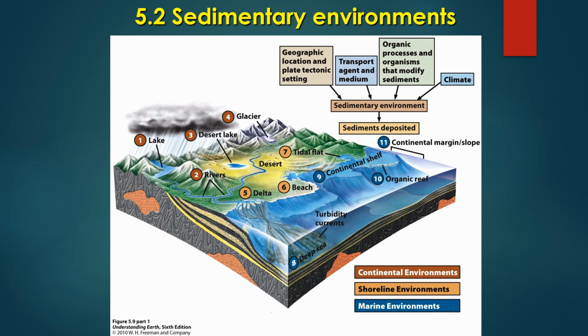Similarly, in the coastal environment, a beach has abundant sand-sized sediments, and the sediments are all very well rounded and well sorted. Therefore, sedimentary rocks that are sand-sized, rounded, and well sorted can be an indicator of a shoreline in the geologic past. This could help us to identify ancient sea level change.